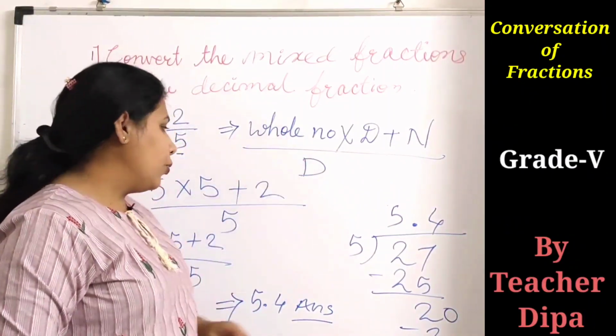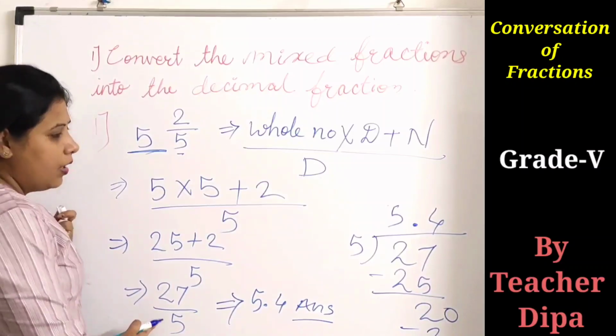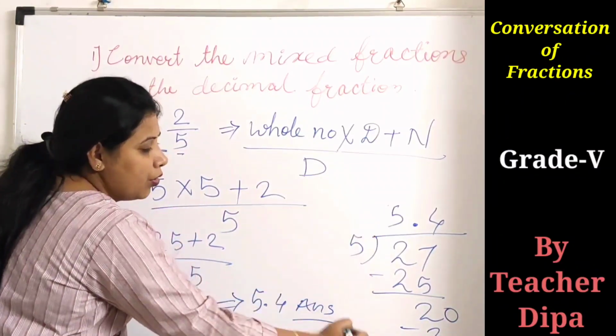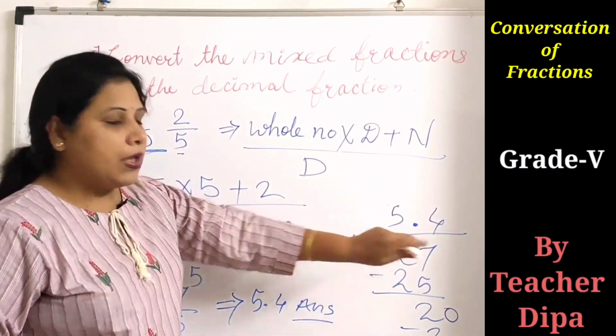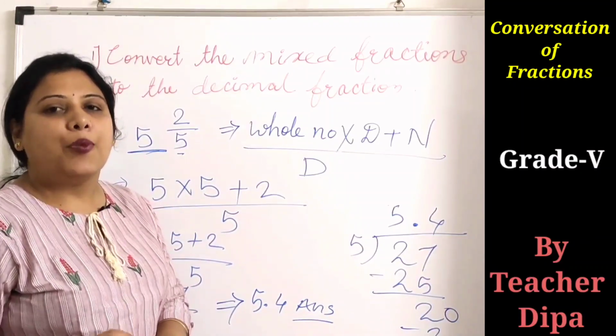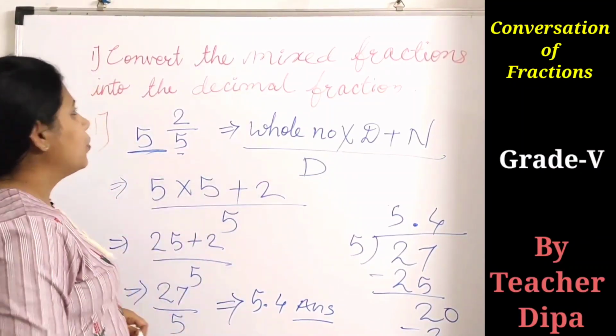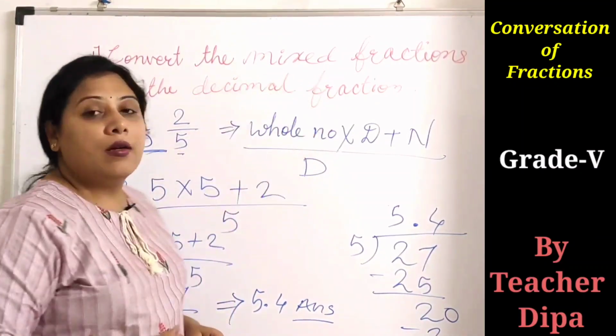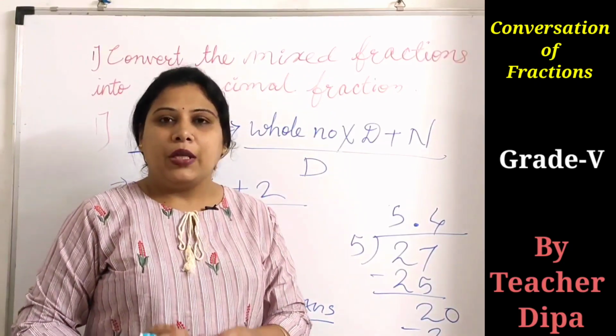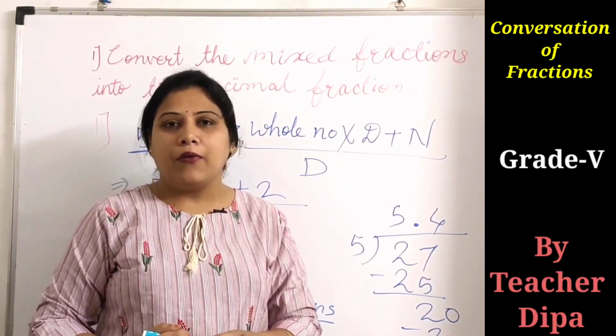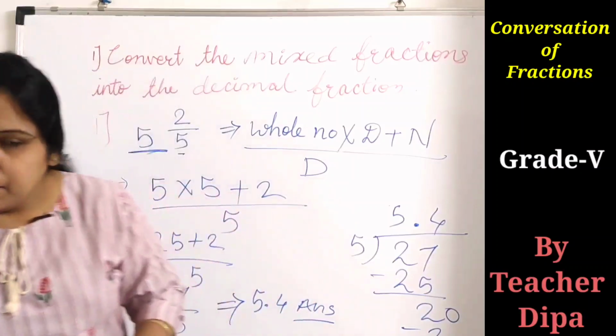So by this formula, I am getting the improper fraction, and after doing the division of the same thing, I am getting this decimal number, that is 5.4. This is how to convert the mixed fraction into the decimal fraction. Now one more example I am giving, and that will be the last one.